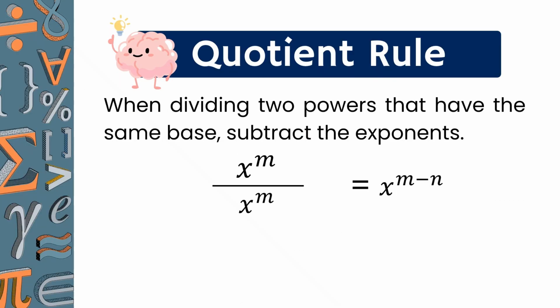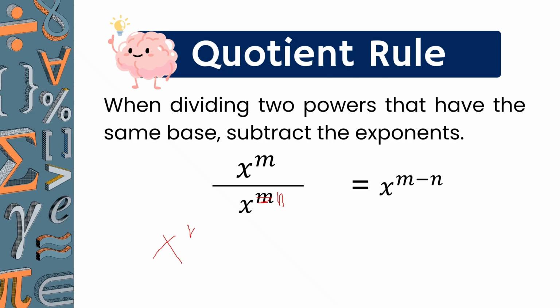Next rule is the quotient rule. So when dividing two powers that have the same base, subtract the exponents. So if we have x raised to m over x raised to, this is n. Again, we will copy the base and subtract the exponents.